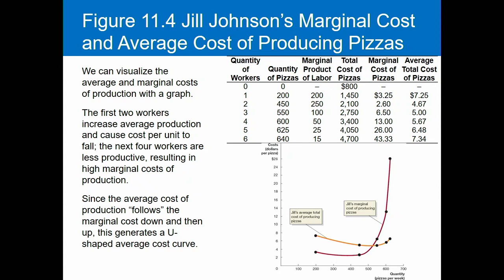So here we have our average cost and marginal cost on the same graph, like we had the cumulative GPA and each semester GPA. The first worker's marginal product of labor is 200, the second one is 250. At first it's 0, doesn't exist. So both of those are increasing.